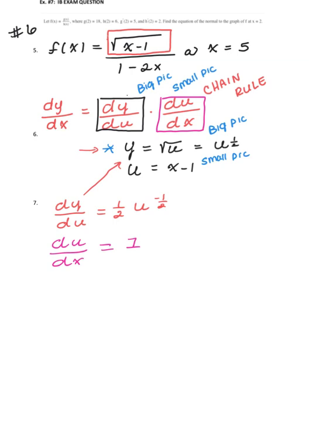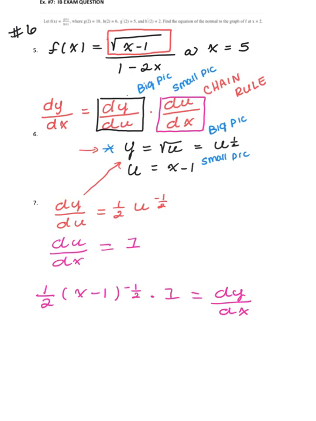So the derivative of the numerator is going to be 1/2 times x minus 1 to the negative 1/2 times 1. That is dy over dx. Does that make sense?